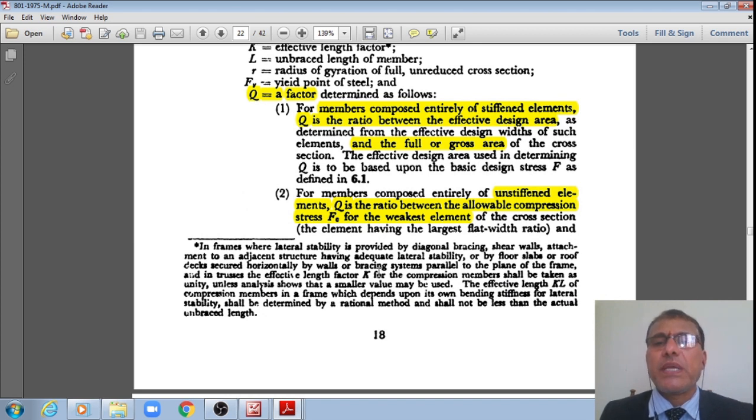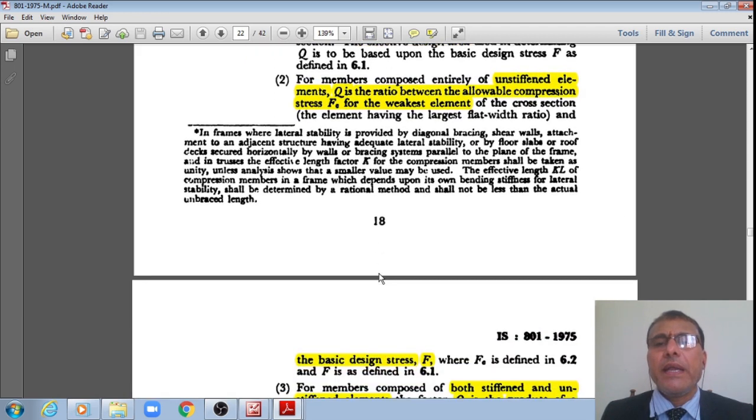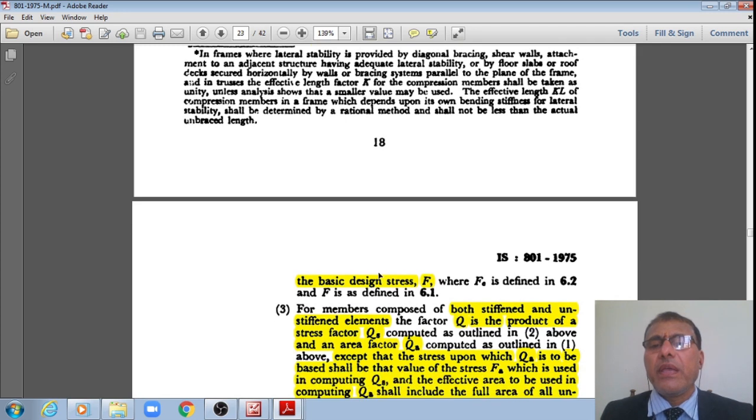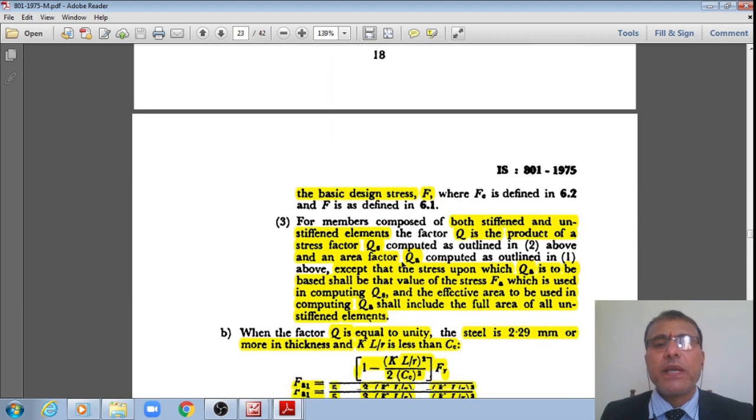And for members composed entirely of unstiffened elements, Q is the ratio between the allowable compression stress FC for the weakest element of the cross section and the basic design stress F, where FC is defined in clause 6.2 and F is defined in clause 6.1.